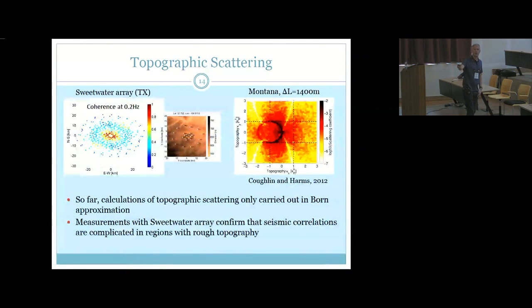For example, in the mountains of Montana, where elevation change can be a kilometer, you would have a lot of seismic scattering, and we showed quantitatively that you would be in trouble if you want to understand that seismic field, monitor it with seismic sensors and cancel Newtonian noise. We also studied some other sites for effects of surface topography on seismic fields.